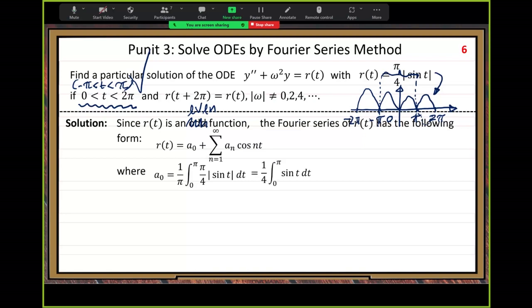Because for A0, in the interval from 0 to pi, sine is non-negative, so you can remove the absolute value. But for our homework, between 0 and pi, you cannot remove it. You need to split into two sub-intervals.